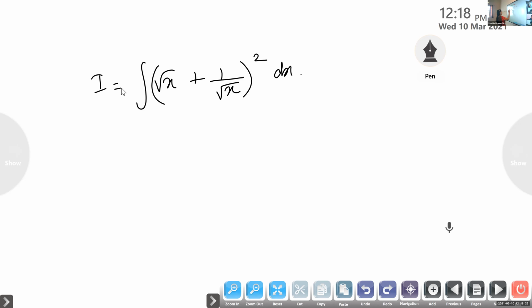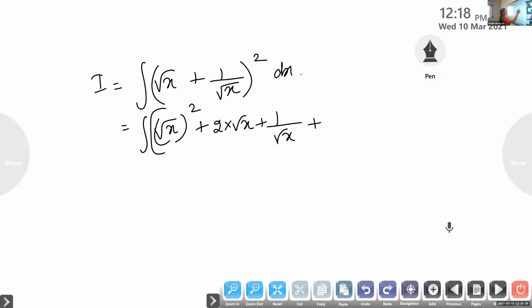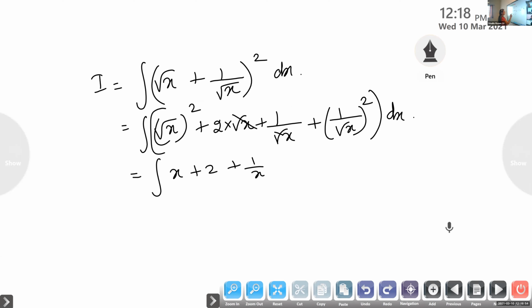So what can you do? This is integral of a plus b the whole square. So it is a square plus 2ab, 2 into root x into 1 by root x, plus 1 by root x the whole square, into dx. A square plus 2ab plus b square. So it is the same as integral of x plus 2 plus 1 by x into dx.